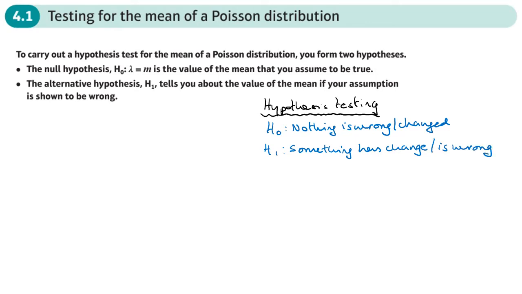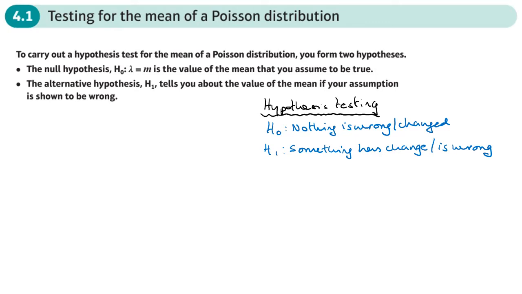Now that might be that a probability has changed, something like that, but H0 is always going to be nothing is wrong. It's as we'd expect it to be. H1 is always something's changed, and it's changed significantly for us to be able to say, right, H0's not correct.